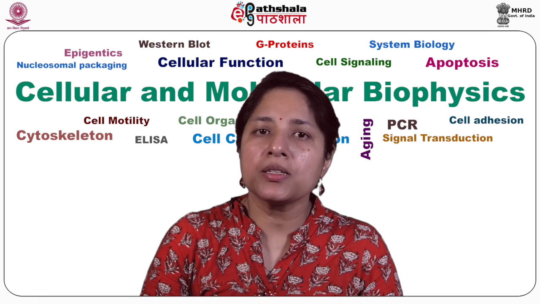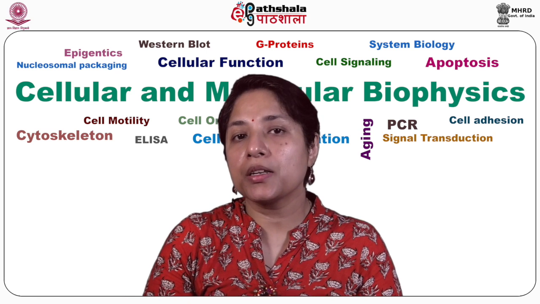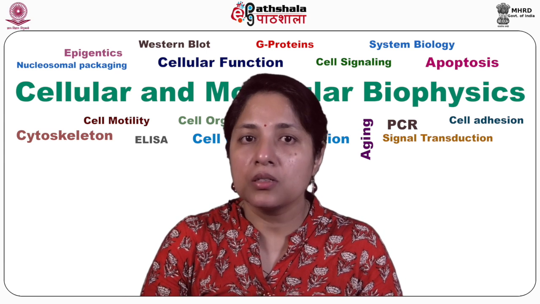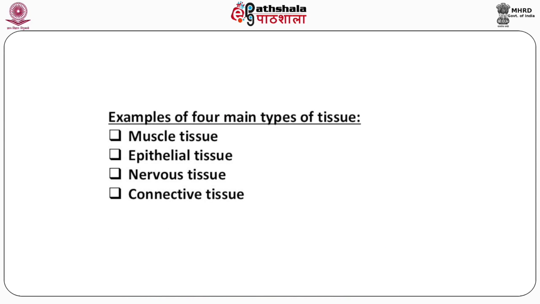There are four main types of tissue in the human body, which can be further subdivided into various subtypes depending on their respective function. Examples of the four main types are muscle tissue, epithelial tissue, nervous tissue and connective tissue.